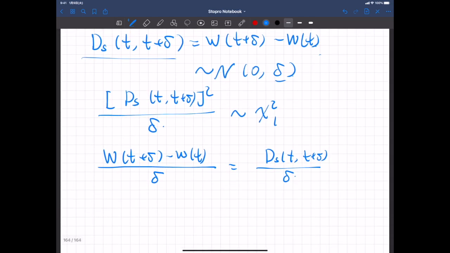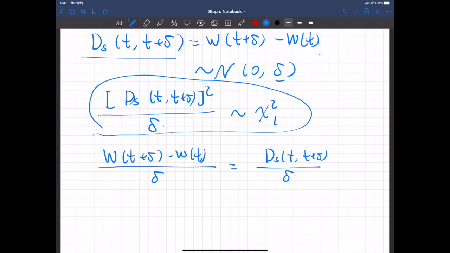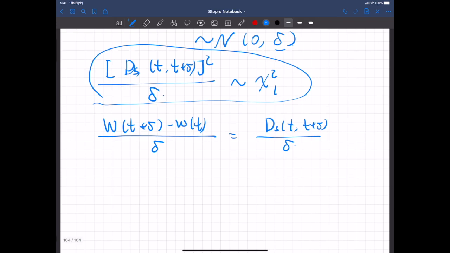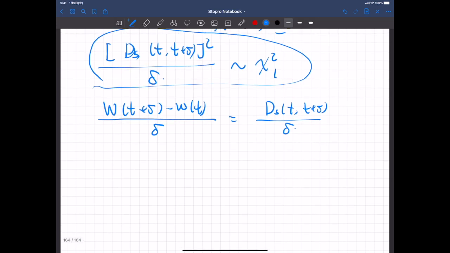Now, since this d squared follows a chi-square distribution, dS should be of the order of square root of delta. So big O square root of delta. So this quantity is of this size.